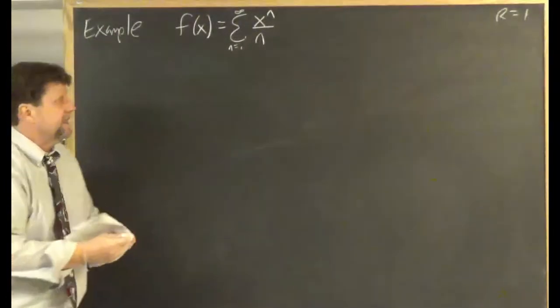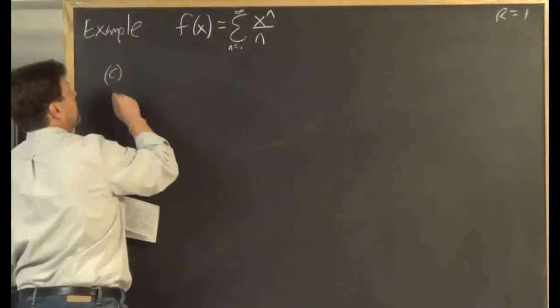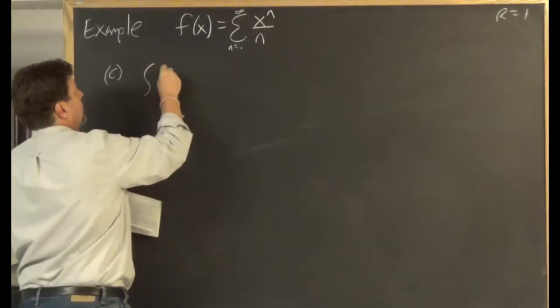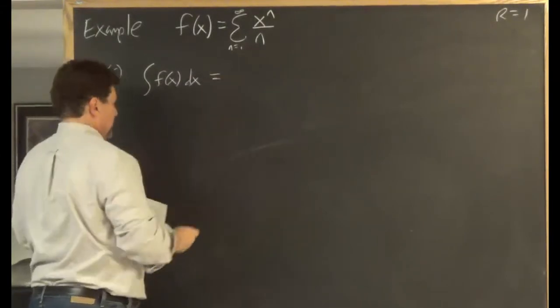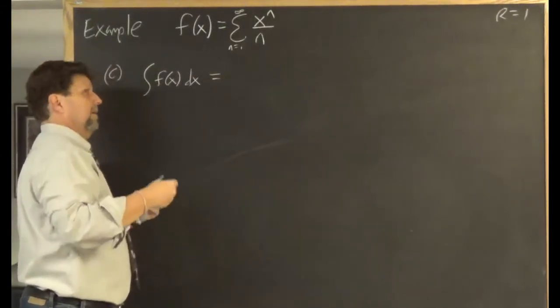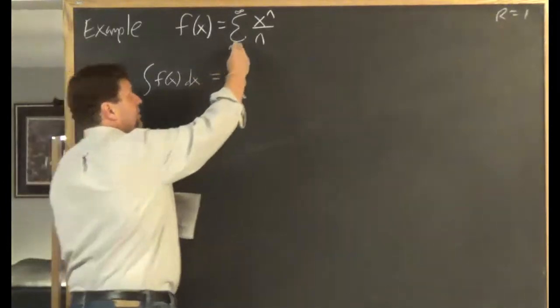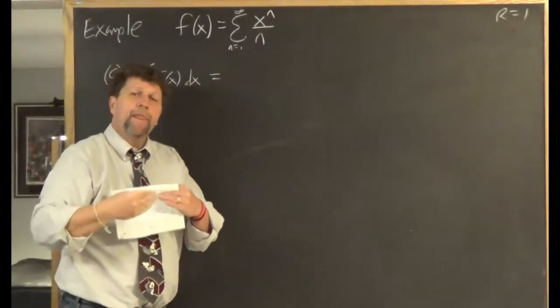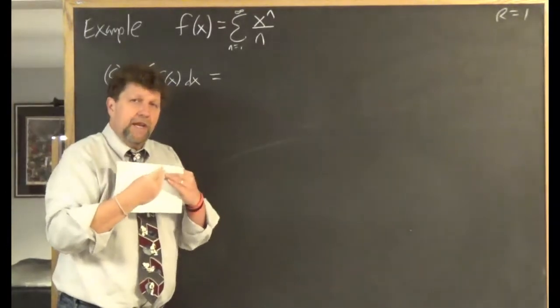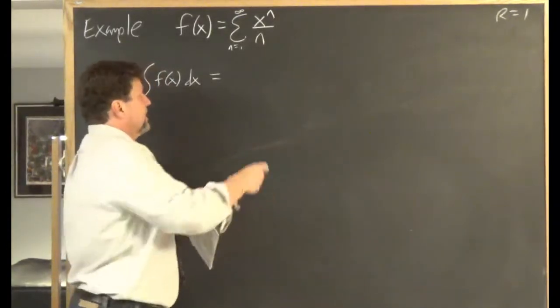So in part C, the integral of f of x dx. Folks, we don't have to write down all the terms of that series and do term-by-term integration. We can integrate the notation that's in the power series itself.